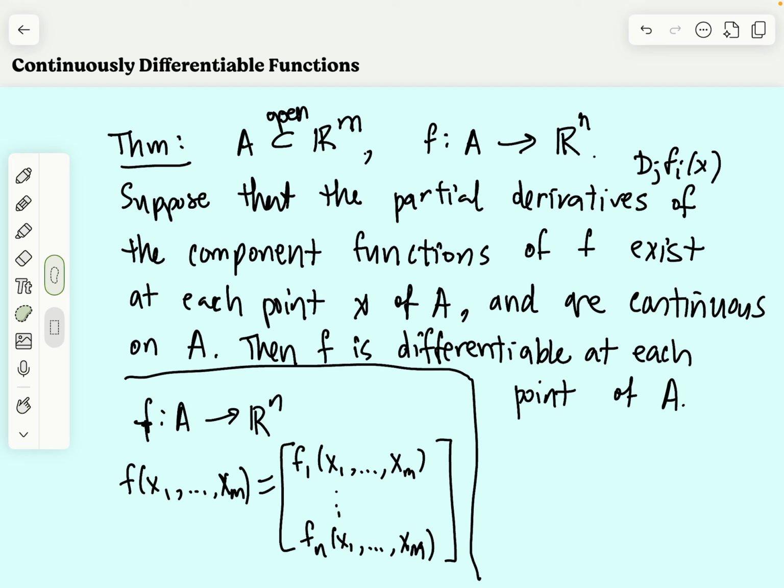And if those partial derivatives are continuous on the domain of f, then the function f is differentiable.